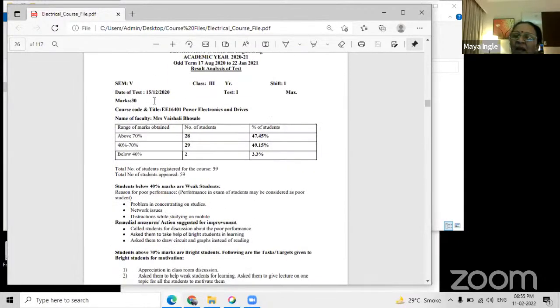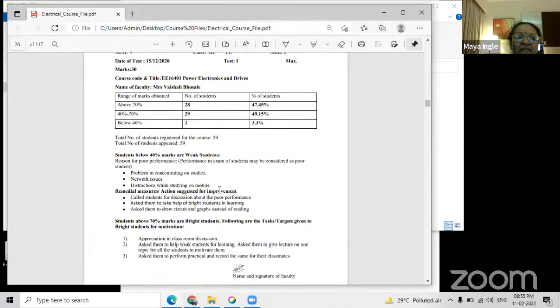Then result analysis: how many students scored above 70, how many scored between 40 to 70, how many are below 40%? Overall, how many students are there in a class, and what are the percentages?